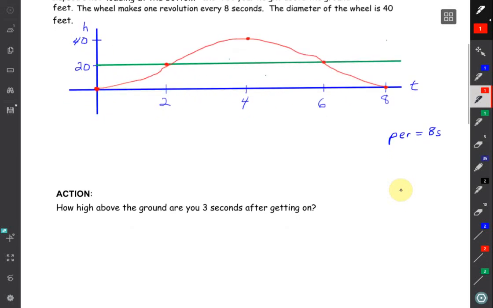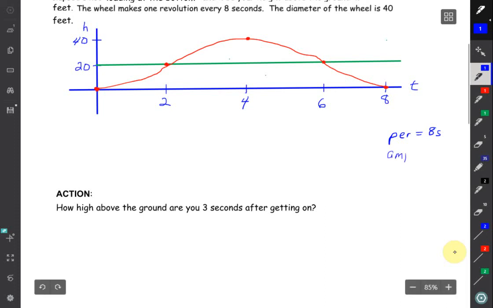So we're going to start writing down our key values. The amplitude is 20 because it goes 20 above the axis and 20 below.